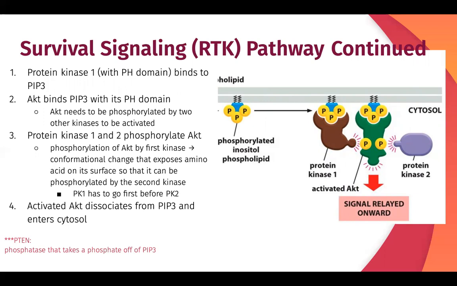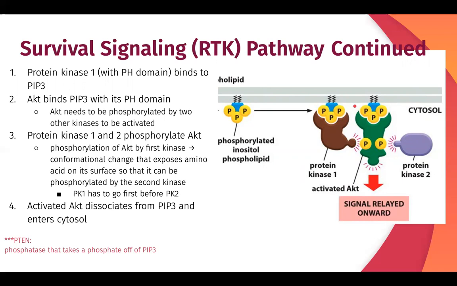And then kinase 1 also binds PIP3 with its PH domain. Or no, I said kinase 1, AKT, forgive me. AKT also binds PIP3 with its PH domain. So you can see these two next to each other are both bound to inositol phospholipid.